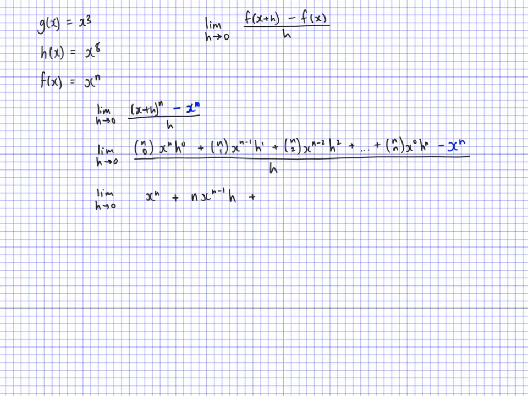So I'm going to keep this one as it is. So I will have n choose 2, x to the n take away 2 and h squared. And again, this last one, x to the 0 is just 1, and n choose n is also 1, so this last one would be h to the n.